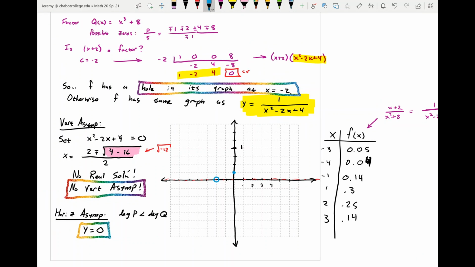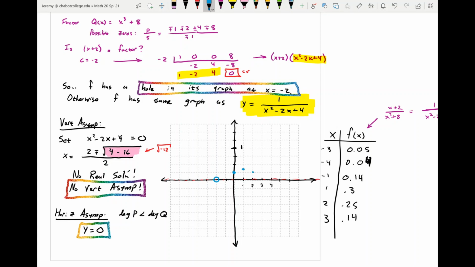So I'm just going to plot each of these points here. What I have happening is I get these points looking off to the right of the y-axis. So 1, 0.3, that's like 1 and a comma 1/3, so like around here.